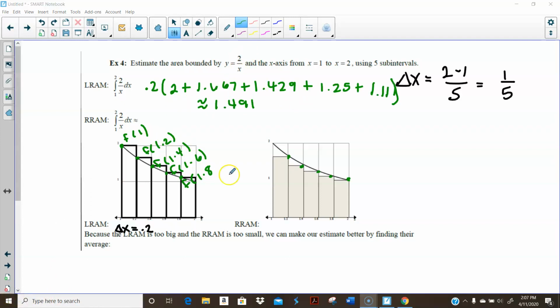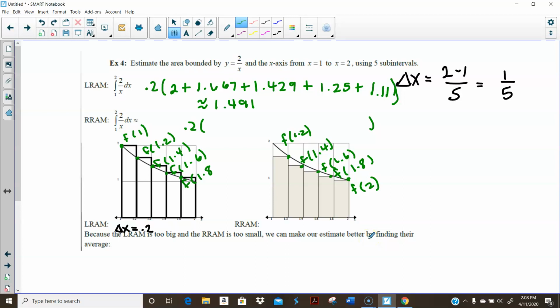Now let's do the right side. So the right side, the width, or delta x, is 0.2. And you're going to multiply that by these heights. And again, this time you'll find f of 1.2 plus f of 1.4 plus f of 1.6 plus f of 1.8 plus f of 2.